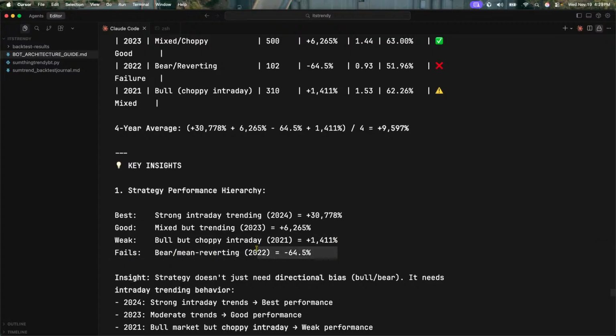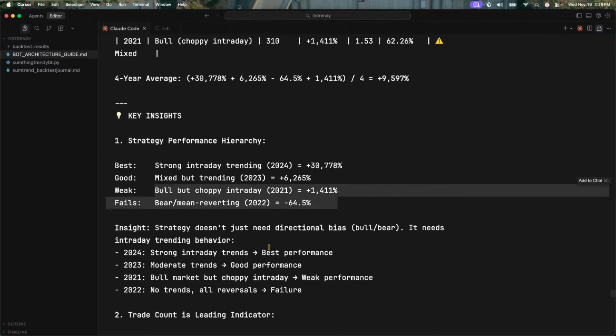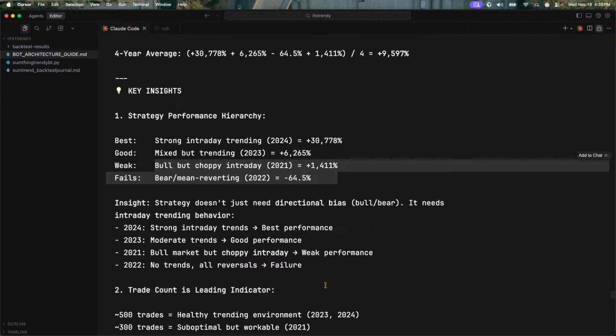I do have a mean reverting strategy, but again, another day for another dollar. The strategy doesn't need a directional bias, bull or bear. It needs intraday trending behavior. Strong intraday trends give the best performance, moderate trends good performance, and bull market but choppy intraday weak performance. No trends, all reversals, failures.